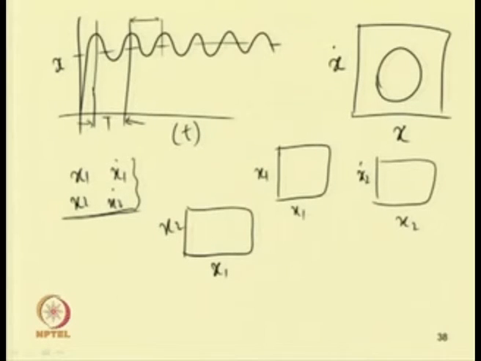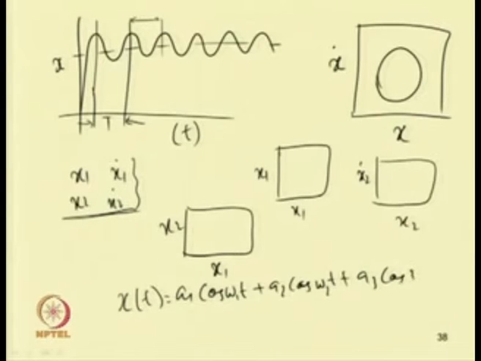In that case the response can be written as x(t) equal to a1 cos omega1 t plus a2 cos omega2 t plus a3 cos omega3 t. In this way one can have a number of frequencies present in the system. If omega1, omega2 and omega3 have an integer relationship, then one can find a periodic response.